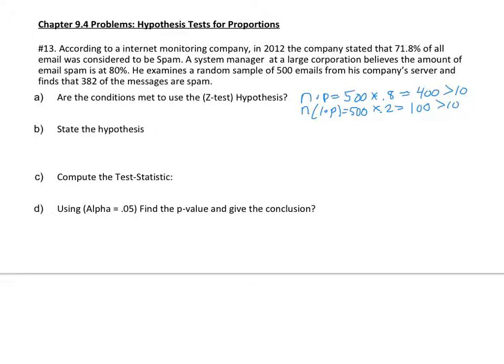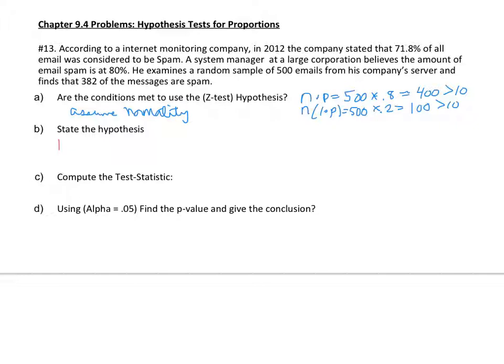So the initial conditions are met, and we can assume that the 500 emails of the company is less than 20% of the company emails in total. So therefore, we can assume normality for emails.